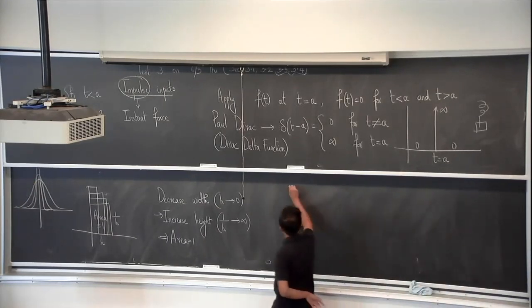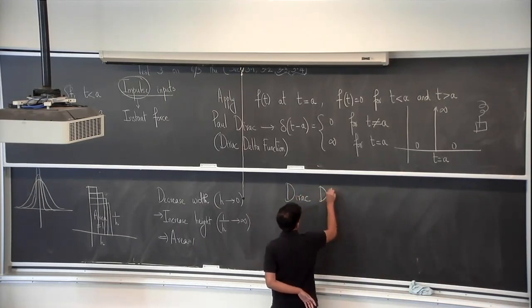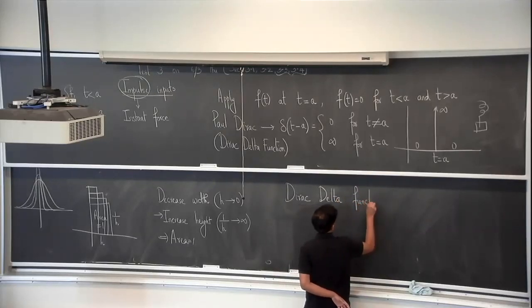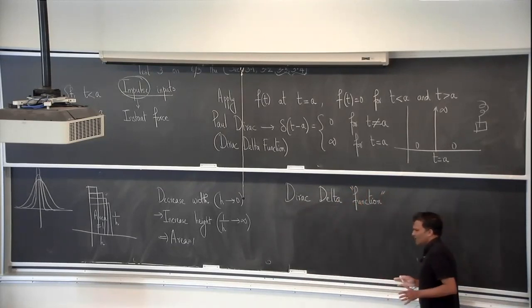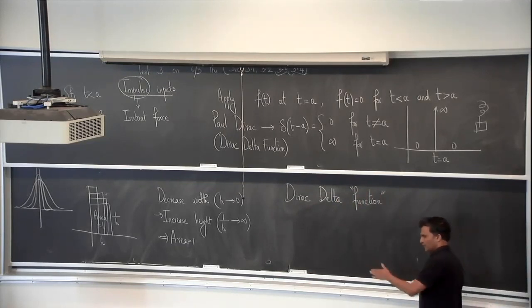So the Dirac delta function, we just put that in quotes because it's not really a function. It's not your traditional function where you give an input and get an output in a one-to-one correspondence, right?